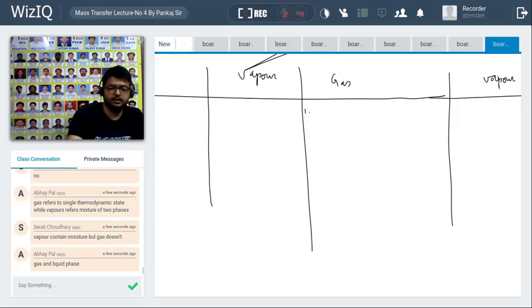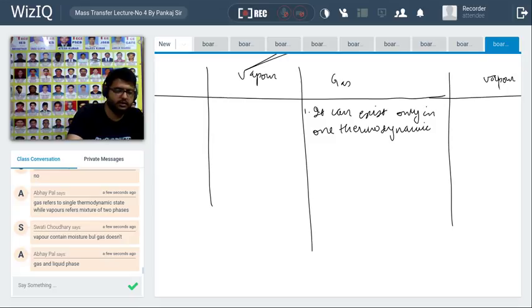Gas and vapor. A gas can exist only in one thermodynamic phase.